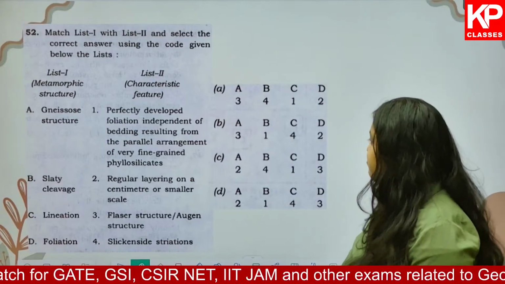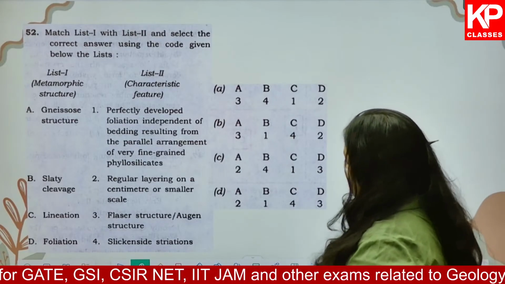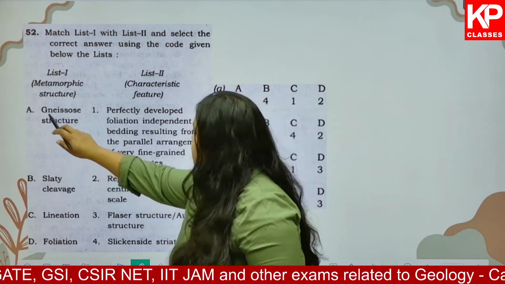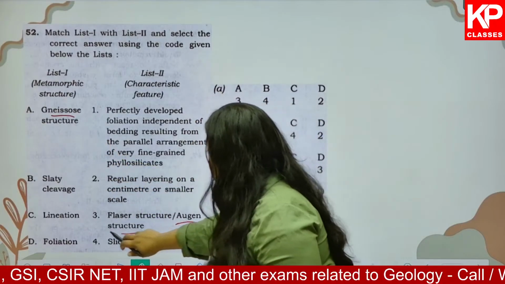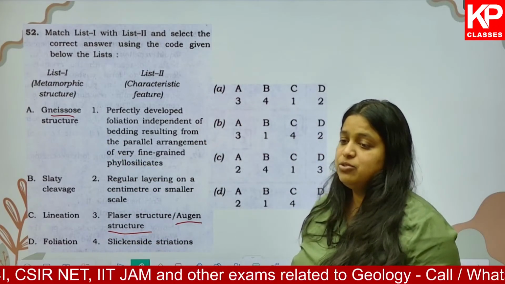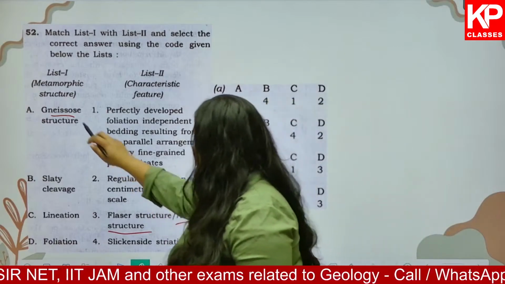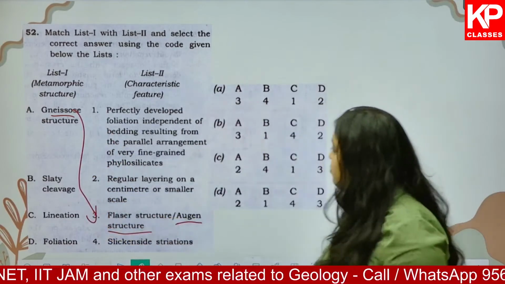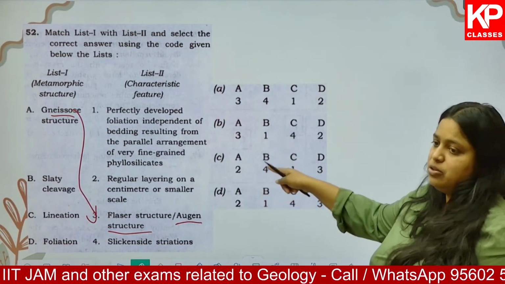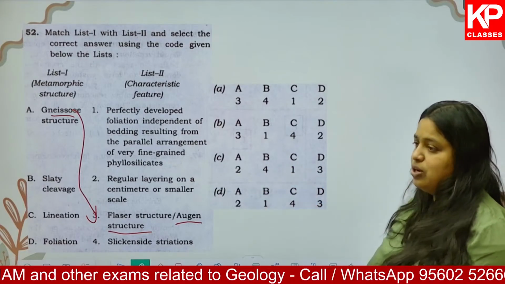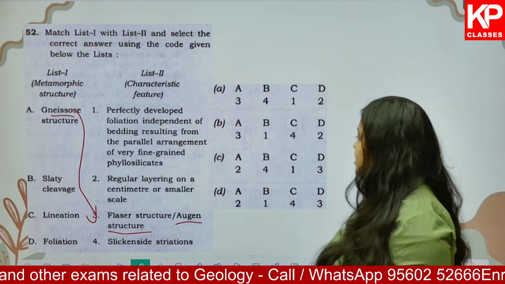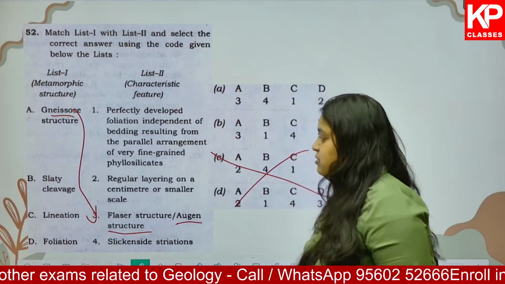So over here, what is gneissic structure? The terms gneissic structure and orbicular structure, both are the same. So just match it out. The moment you see both, match it out. A is 3, cancel out these two options.